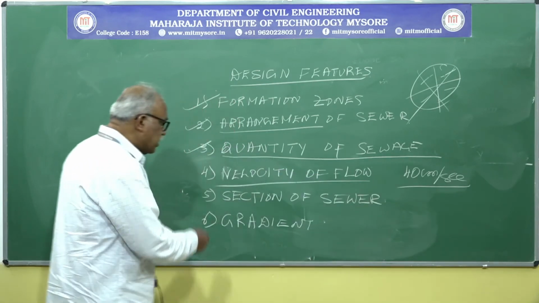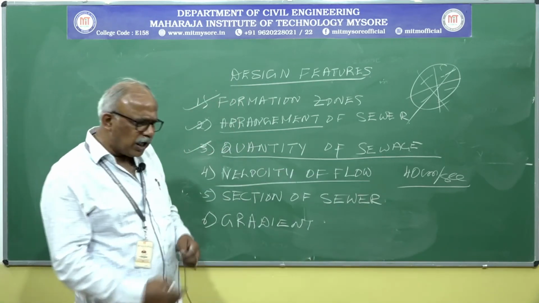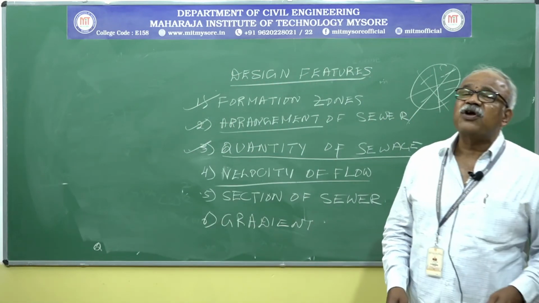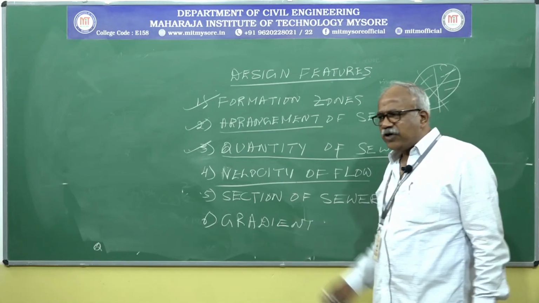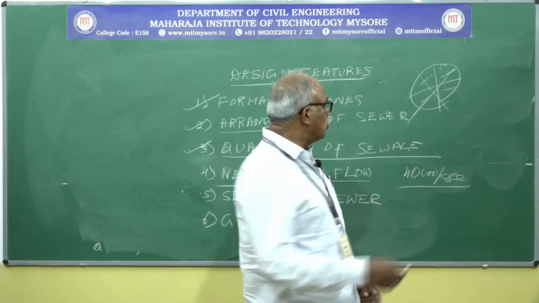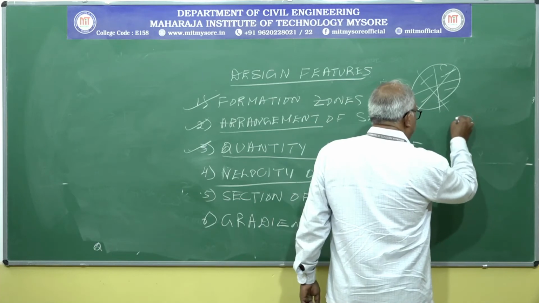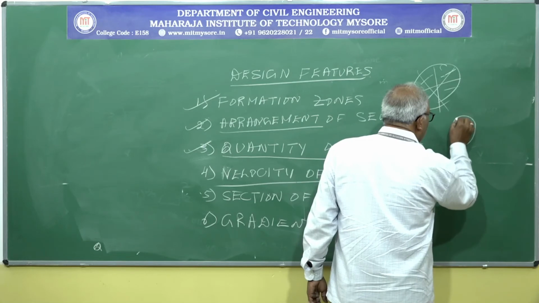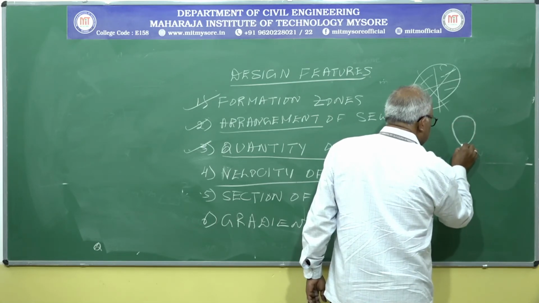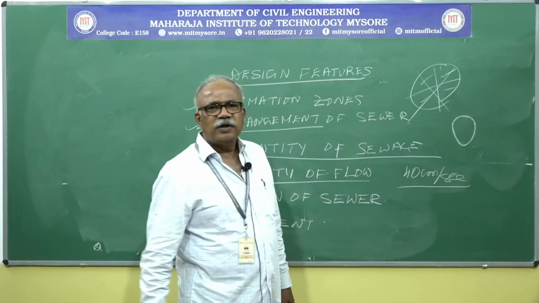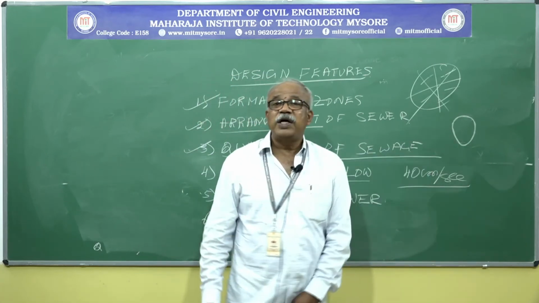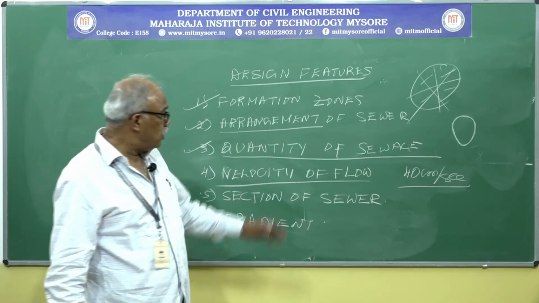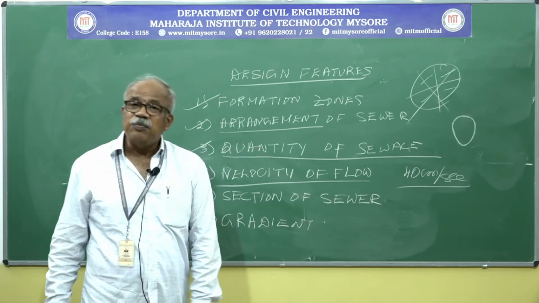Okay. Next, section of sewer. What type of sewer should be provided in that situation? That is the major concept. In the previous class, we discussed the different shapes of sewers available. The egg-shaped, new egg-shaped, such type of sewer should be provided in this situation, even in a dry period.